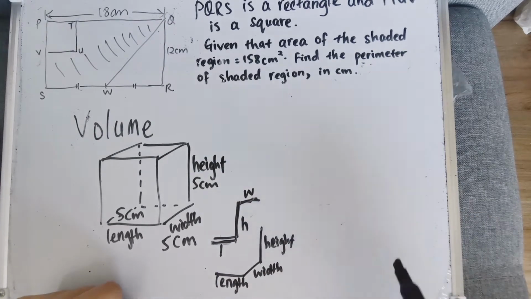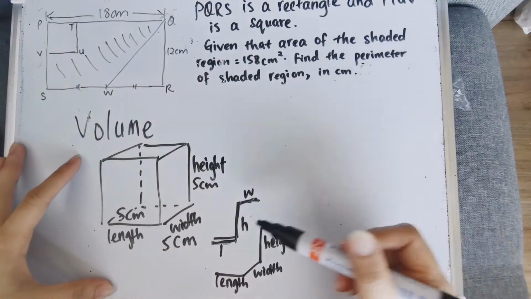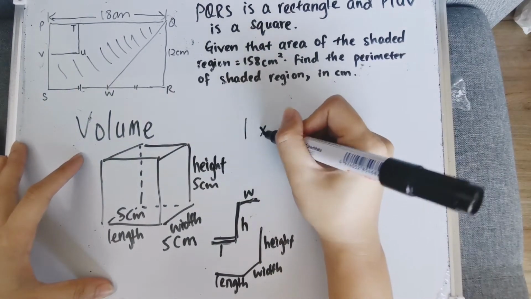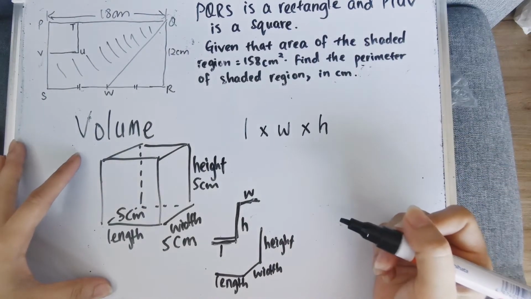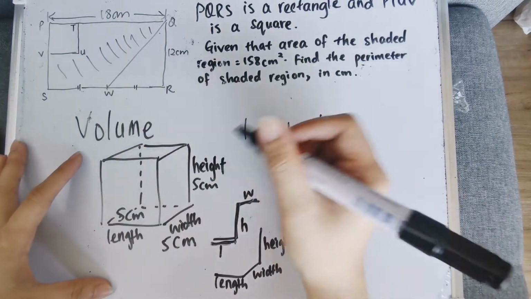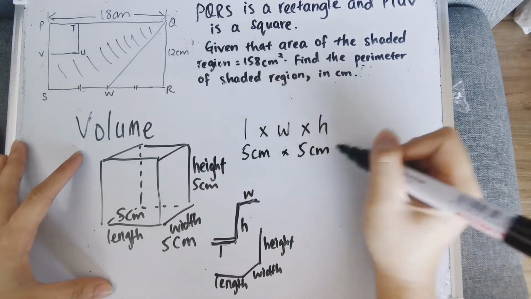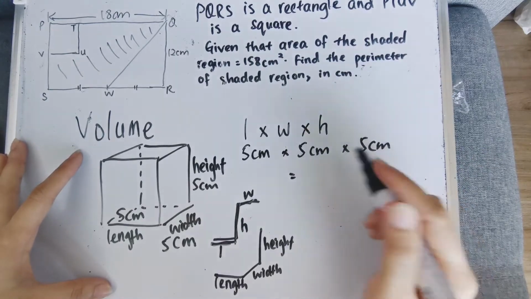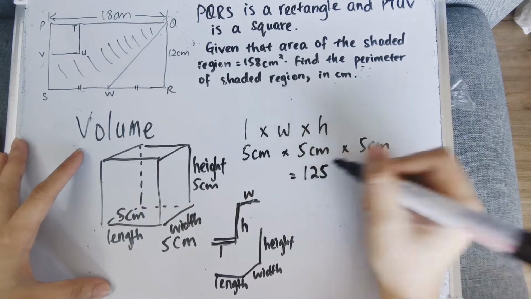For your volume, you must remember your cube. You must remember this formula, which is length times width times height. Let's say everything is 5 cm, so 5 cm times 5 cm times 5 cm. 5 times 5 is 25, 25 times 5 is 125.